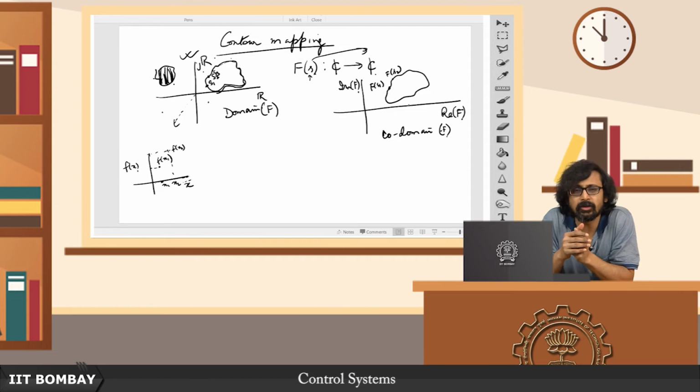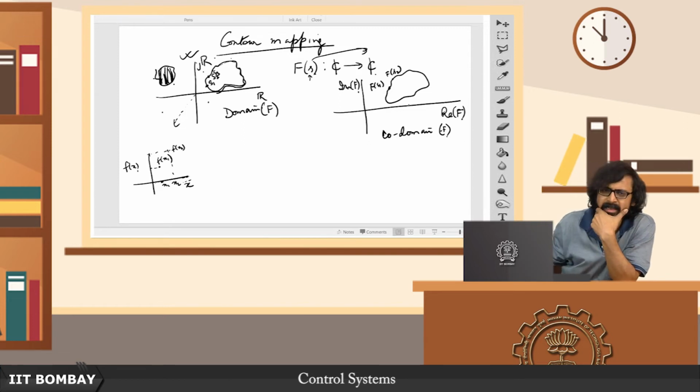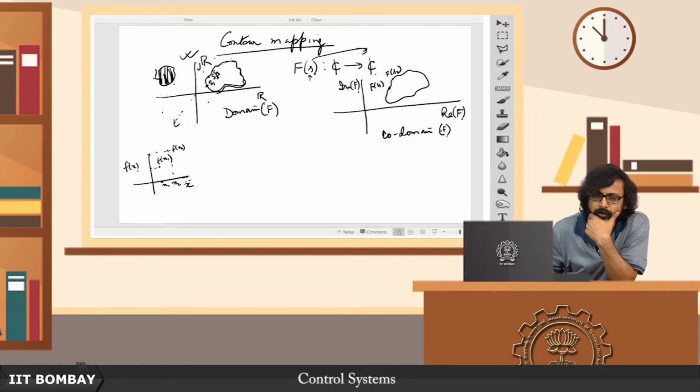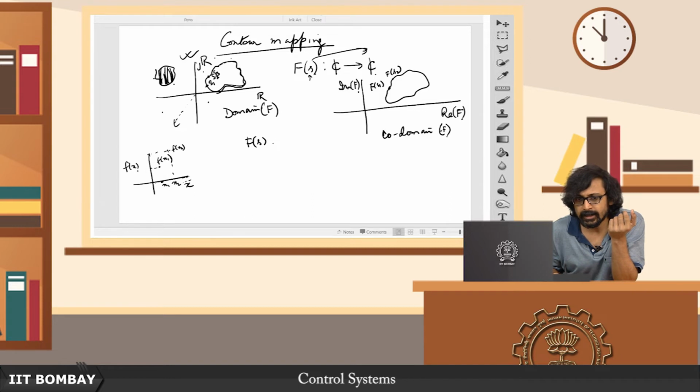One critical assumption we are going to make is that all these points that we choose on this contour, or the way we choose this contour, is that f of S is so called analytic on the contour we choose, right.